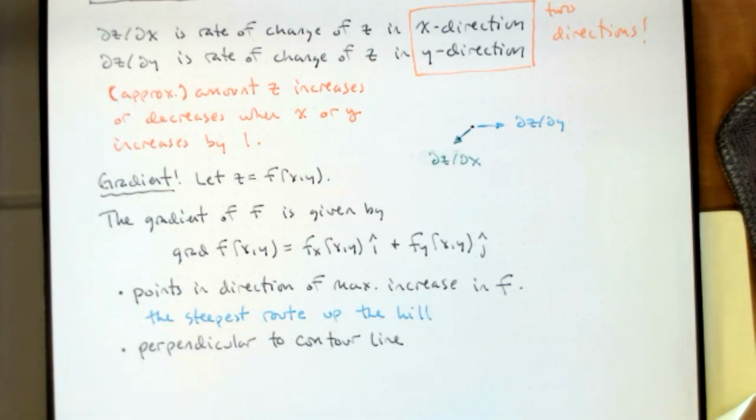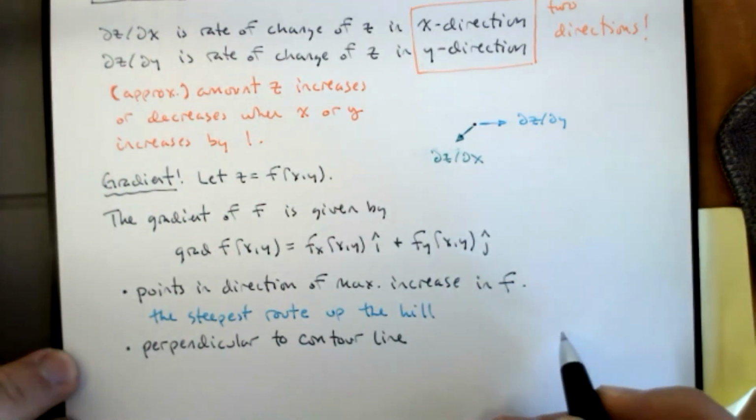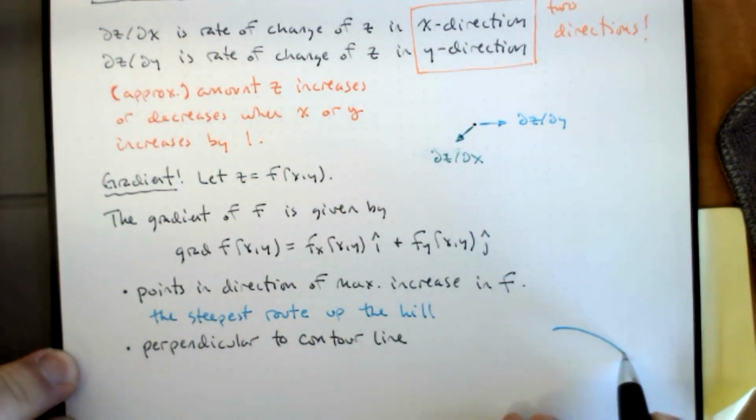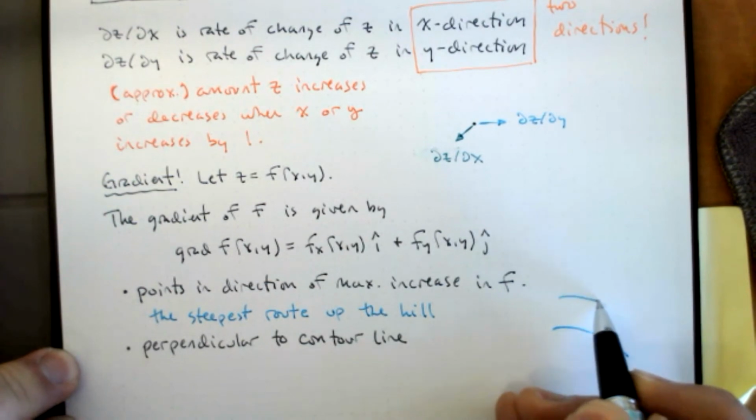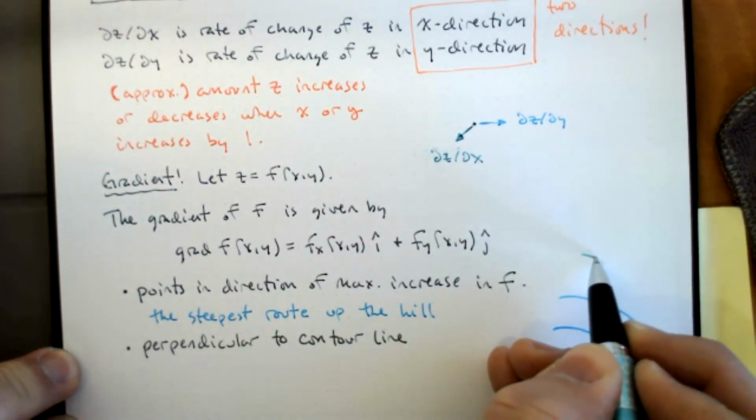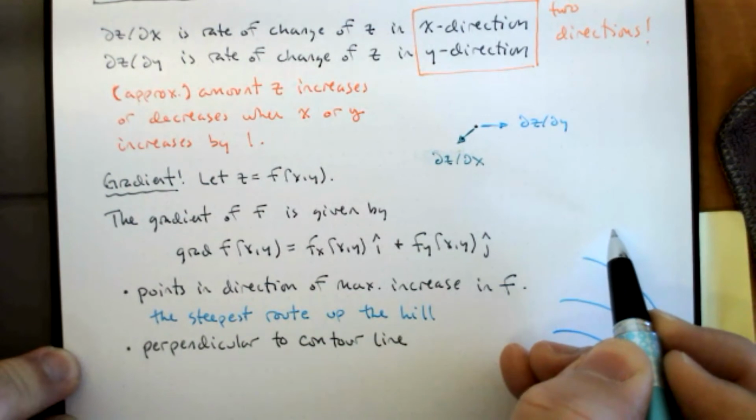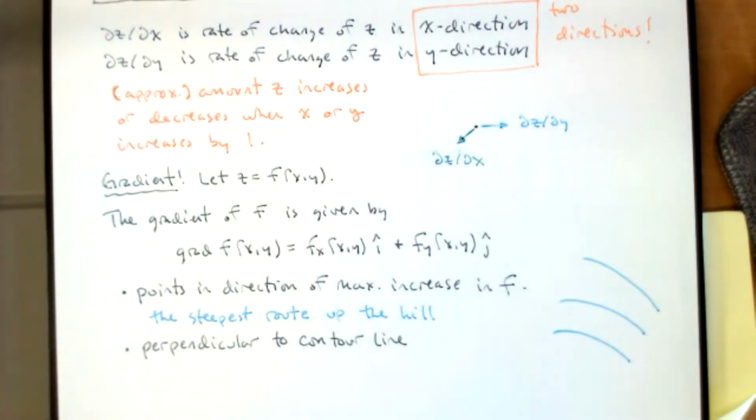The gradient will be perpendicular to the contour line. So if we have some function out there with a bunch of contour lines, the gradient is a vector. Let's suppose we've got a bunch of contour lines, and let's show that they're increasing.